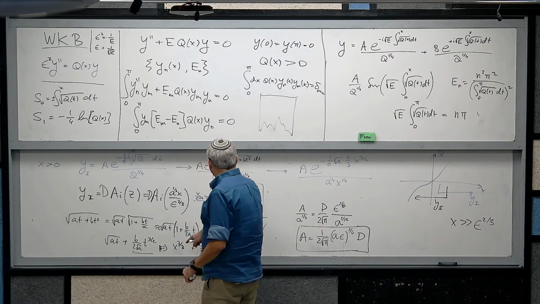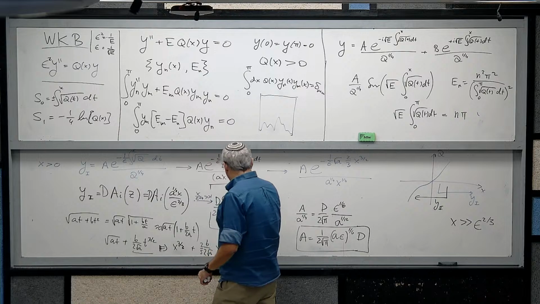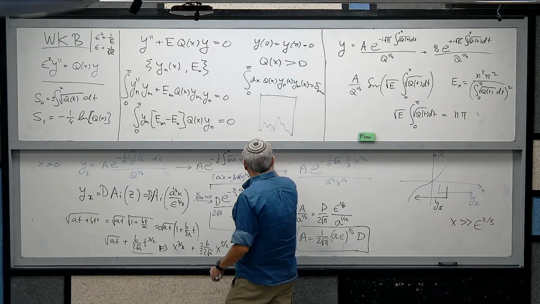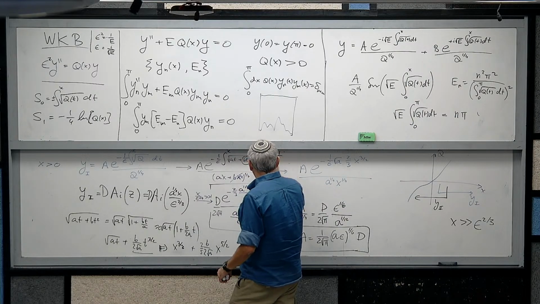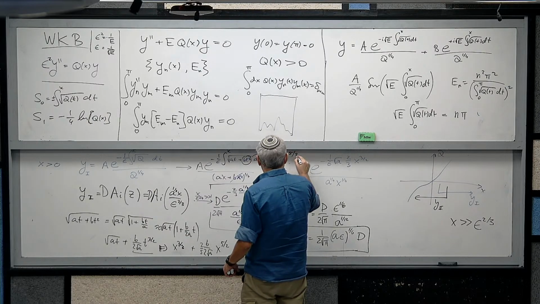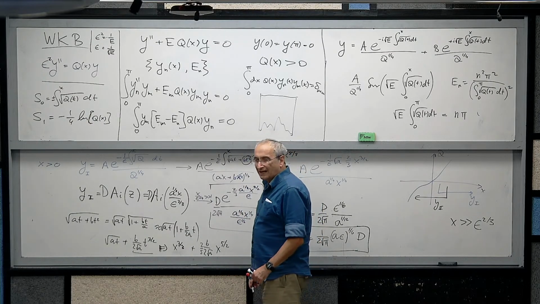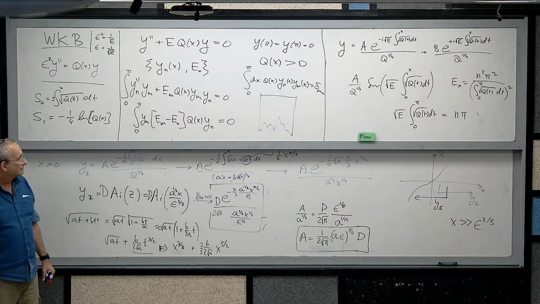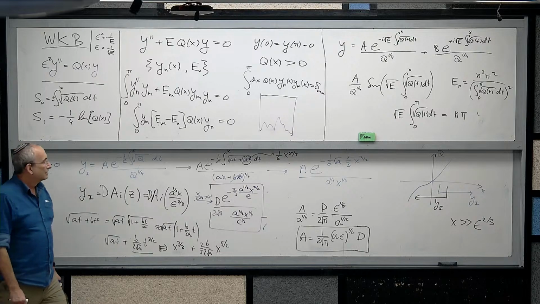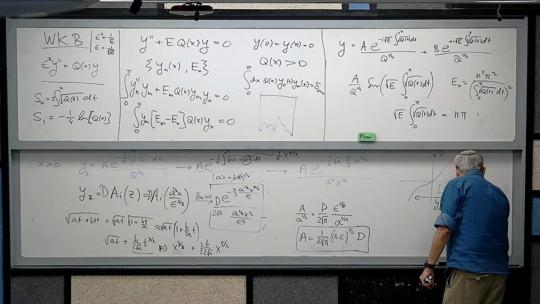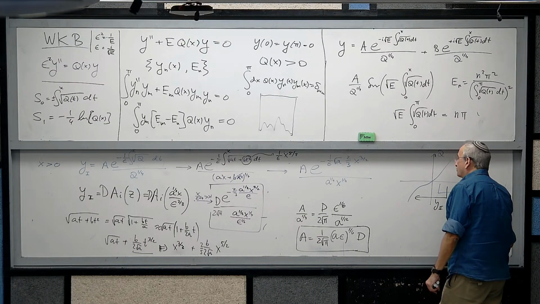So all in all, the extra term that I've neglected here gives me something of order 1 over epsilon times x to the 5/2. So what I need in order for this term to be much smaller than 1 is X much less than epsilon to the 2 over 5. Yes. So I want x to be also much smaller than epsilon to the power of 2/5.